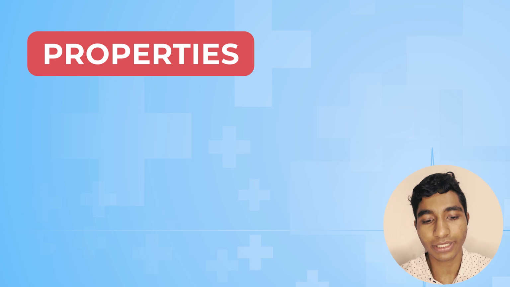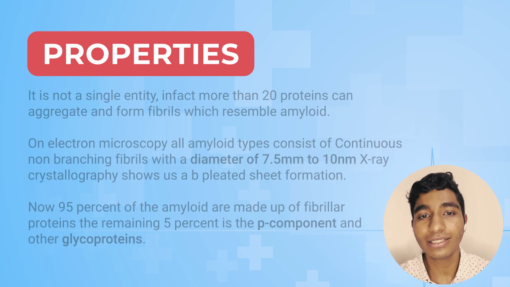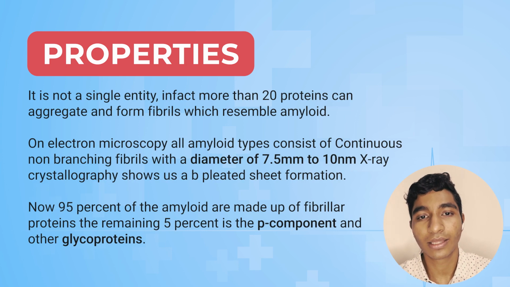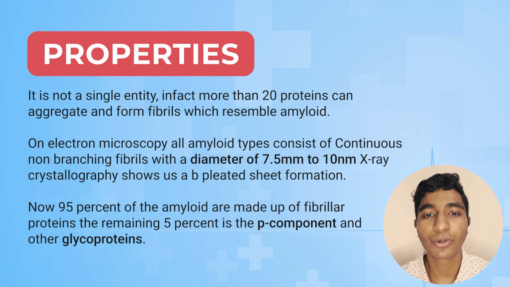Now there are a few properties one would like to look at of these amyloid proteins. So firstly, as I mentioned earlier, 95% of them are fibrillar in nature. The remaining 5% belong to a P component of a specific glycoprotein, right? And there is not one specific protein that aggregates extracellularly.